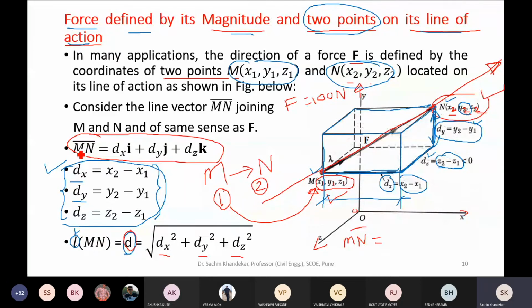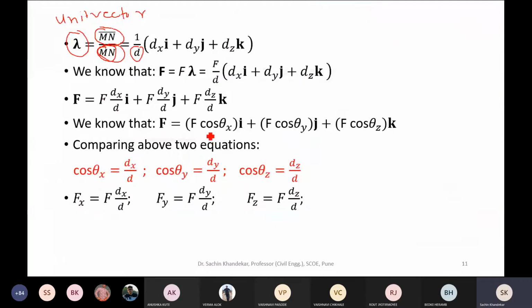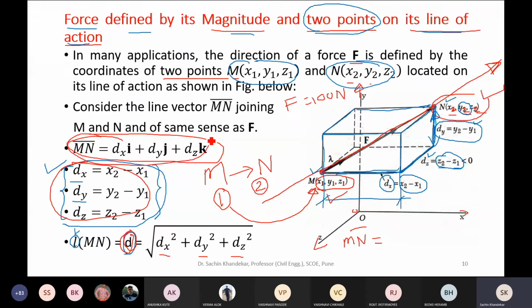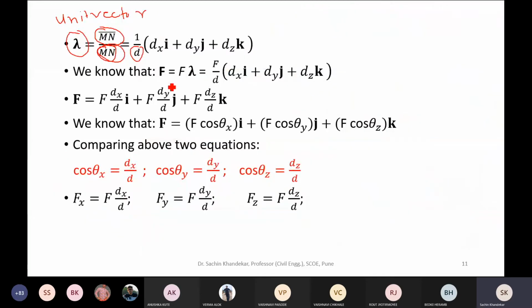Please remember this: MN bar is equal to dx i plus dy j plus dz k, where dx, dy, dz are given by these equations, and hence d is the root of dx square plus dy square plus dz square. Now I am substituting the value of MN bar from this equation, divided by d. So this is the equation for the unit vector.